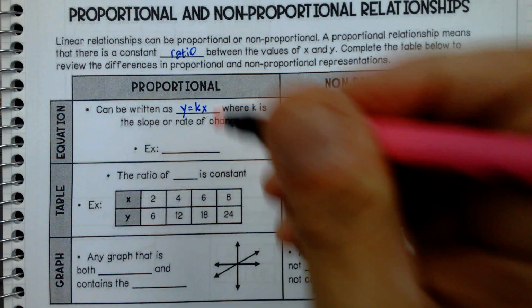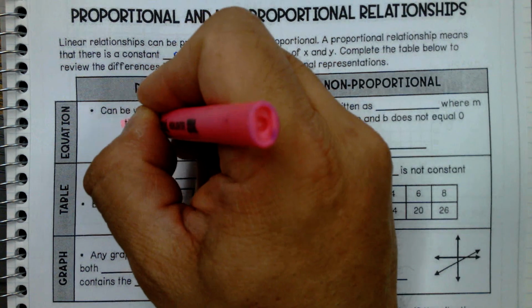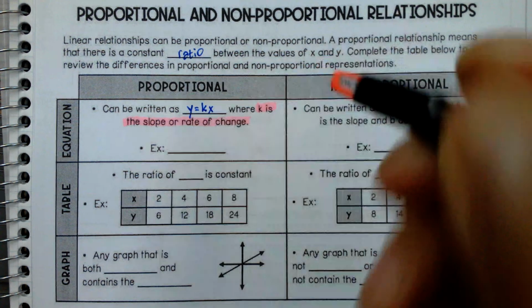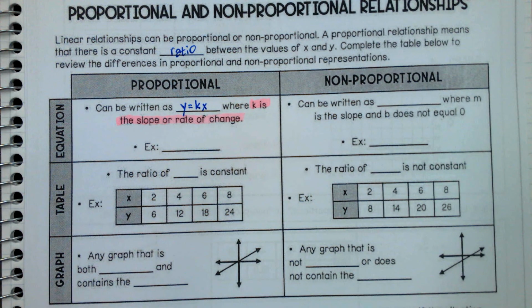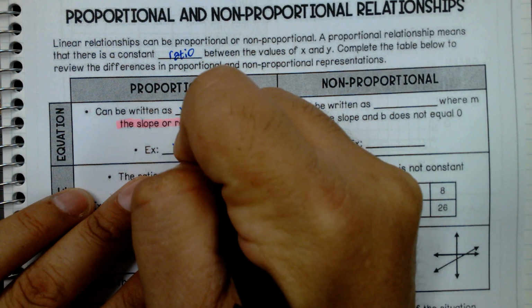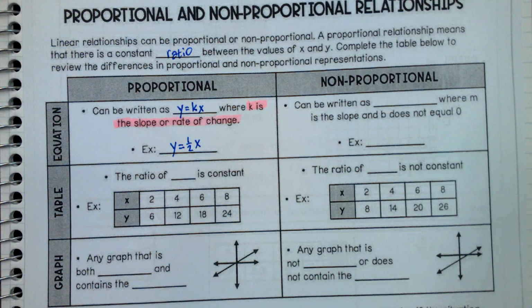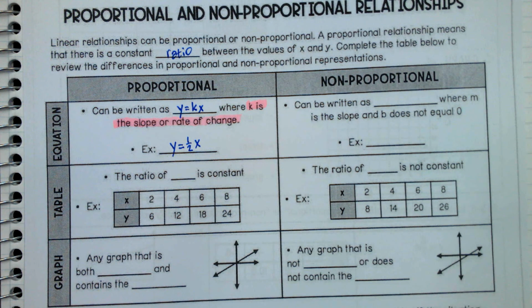Let me highlight that. And so if I gave you an example, it would be maybe y equals 1/2 x. That's an example of something that's proportional.